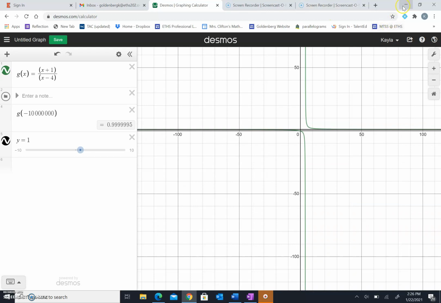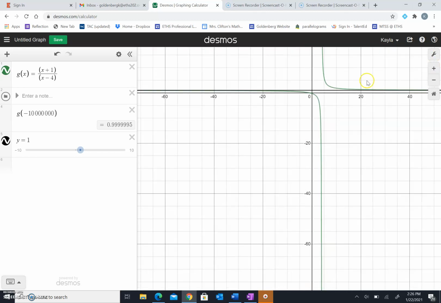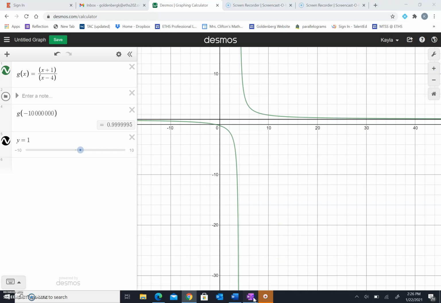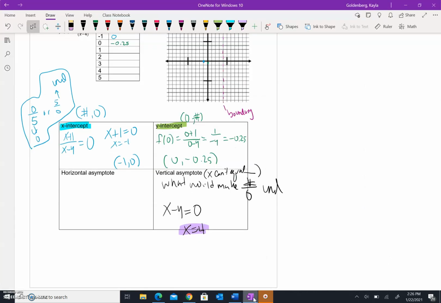It's following that trend and getting close to 1 on our ends. It's the end behavior. So I'm going to make my asymptote maybe orange. When I plugged in big numbers and small numbers, it was both approaching y = 1.